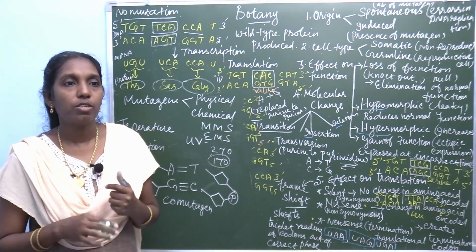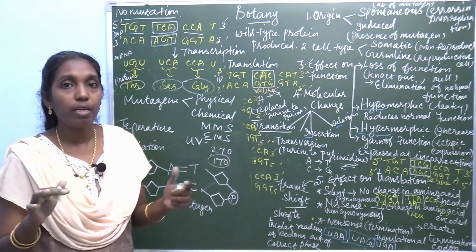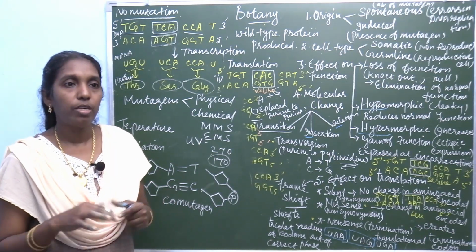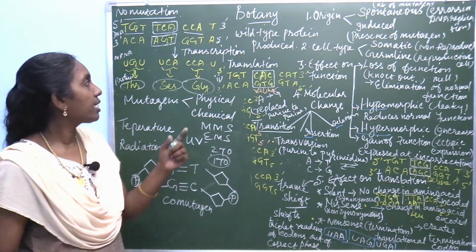Then nitrous oxide, one of the chemical mutagens, disturbs replication as well as transcription.